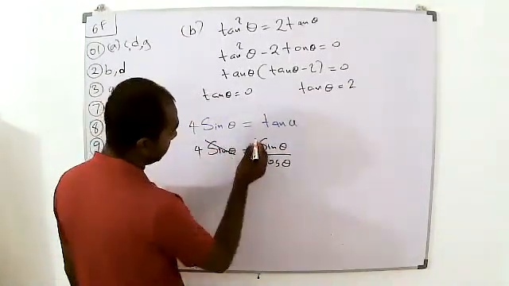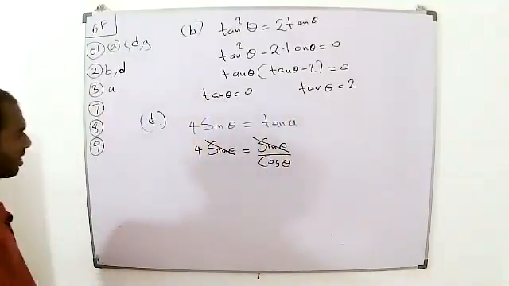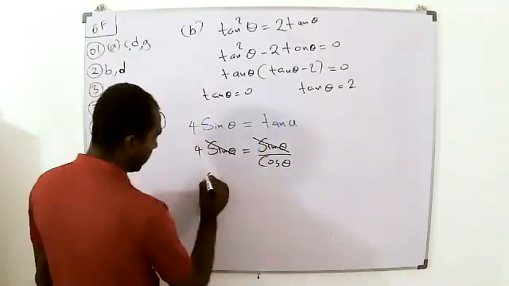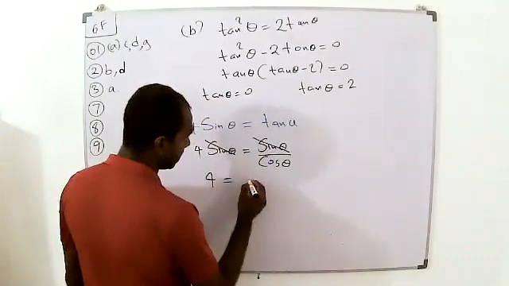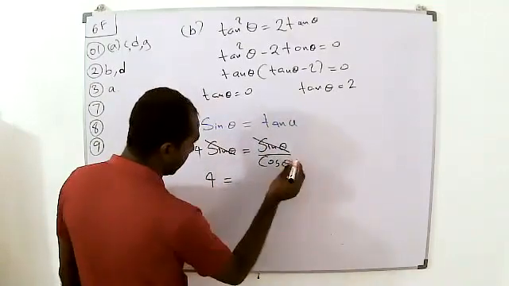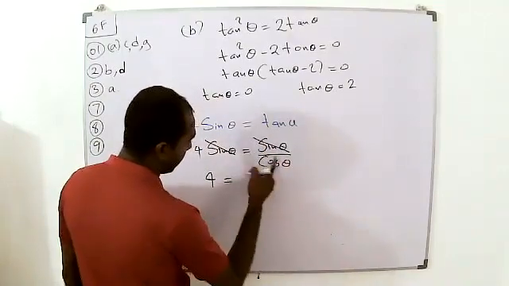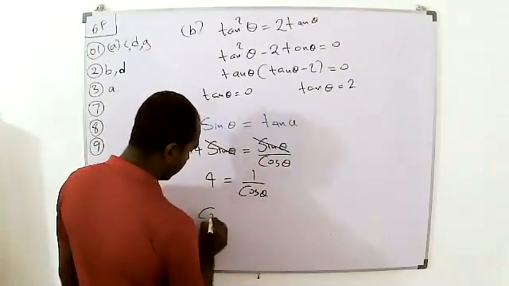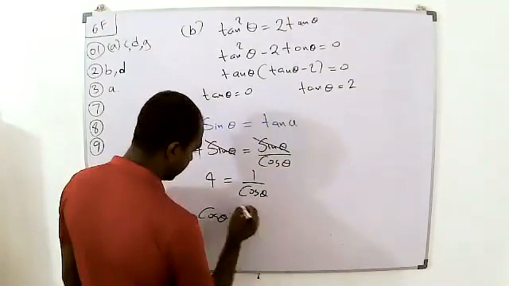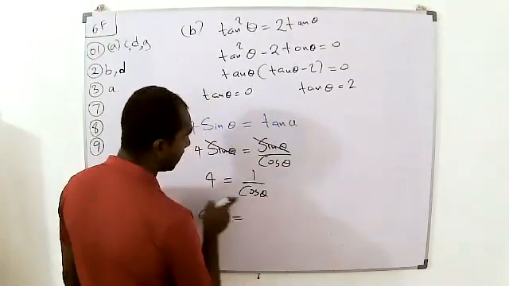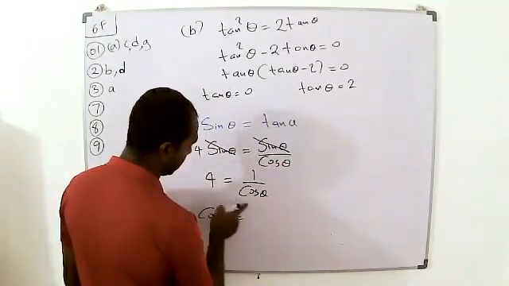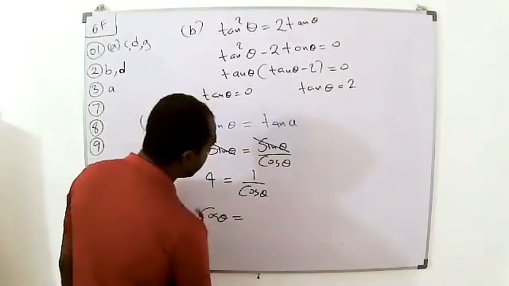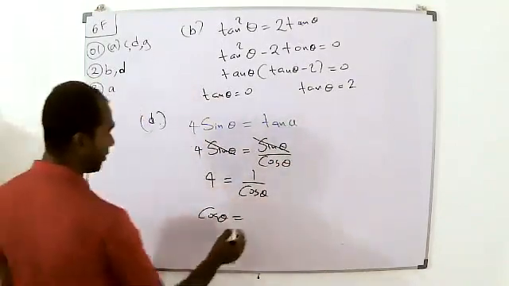You can cancel it off here. So we have 4 equals 1 over cos theta. So if you make cos theta the subject, cos theta equals 1 over 4.